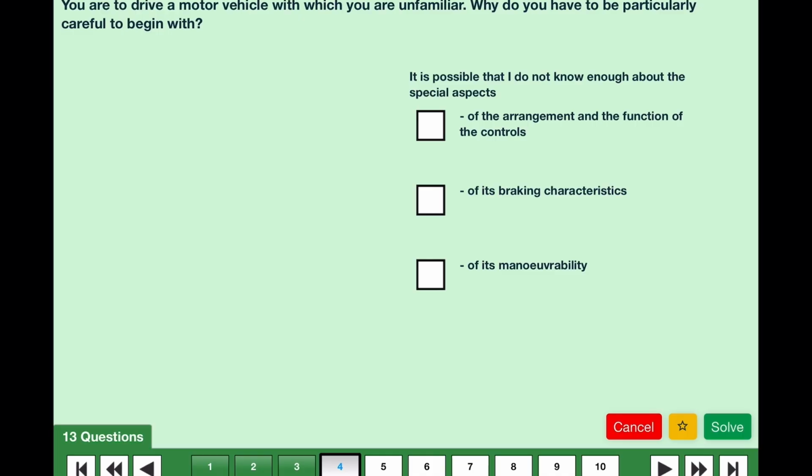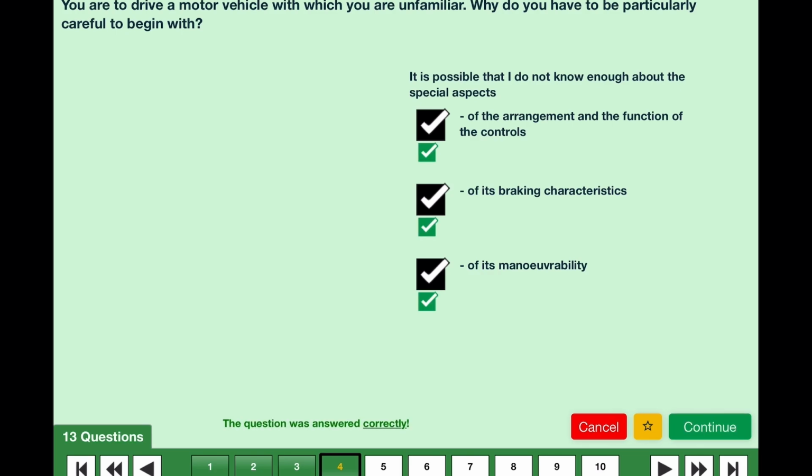The first one says the arrangement and function of the controls. Yes, it's a factor. The second one says its braking characteristics. The last one says its maneuverability. Yes. You have a car, you don't have any knowledge about how to use it. You need to take all these things into consideration.